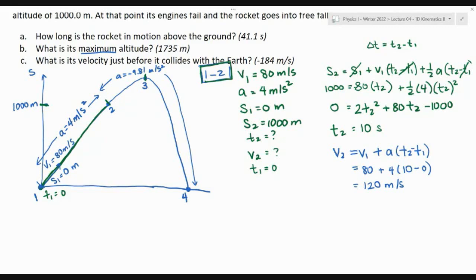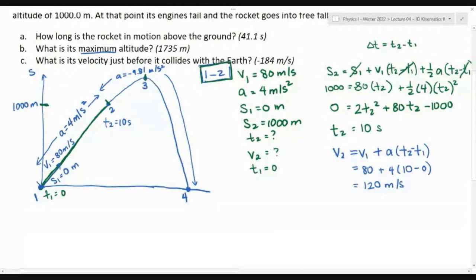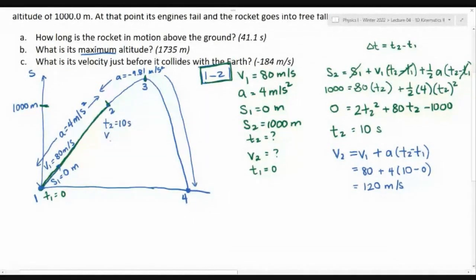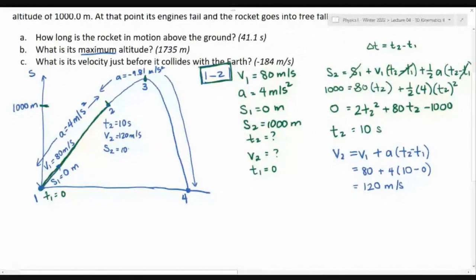So now we know everything about point 2. At point 2, the time is 10 seconds, the velocity is 120 meters per second, and the height, or the S, the position at point 2, is 1,000 meters.